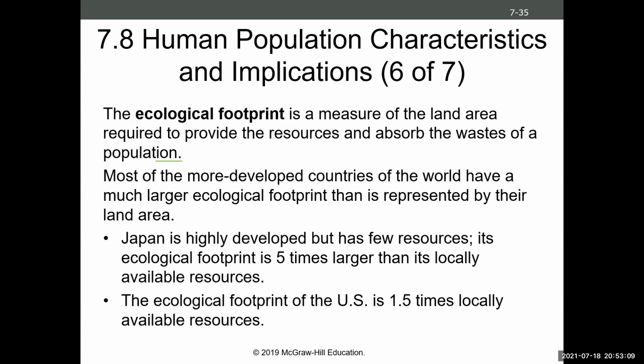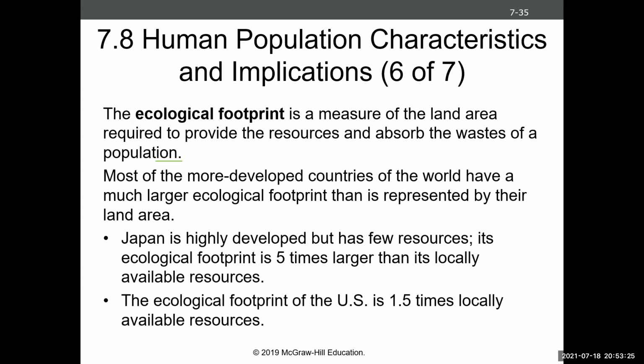It shows you if everybody lived like you, how many Earths it would take to sustain us. So if 7 billion people lived like you live, how many Earths worth of resources would we need?